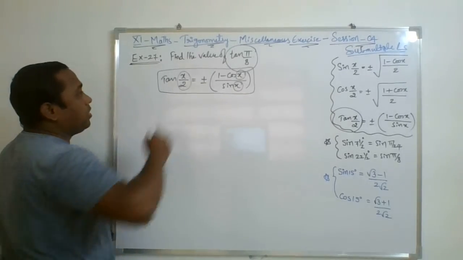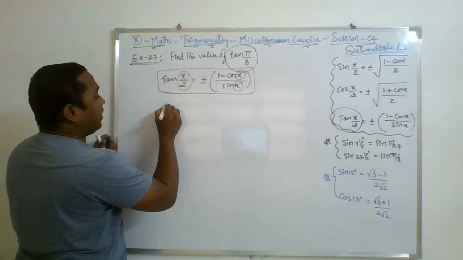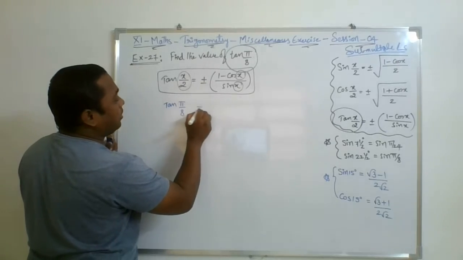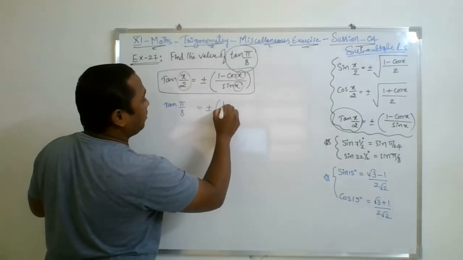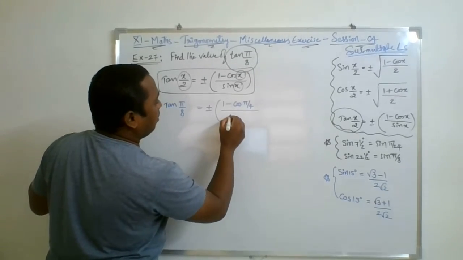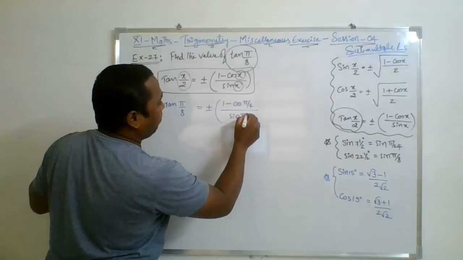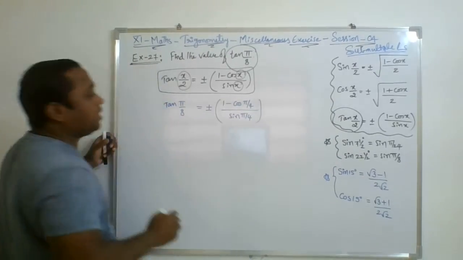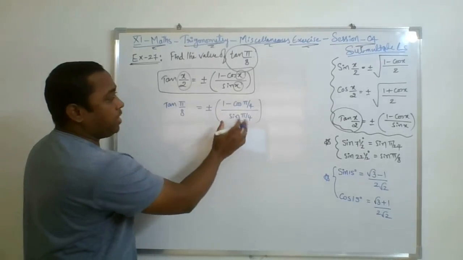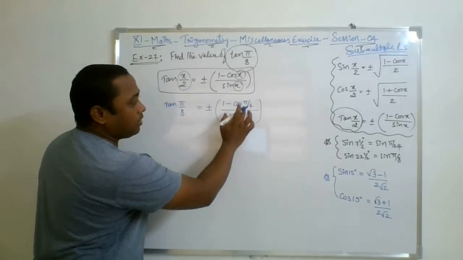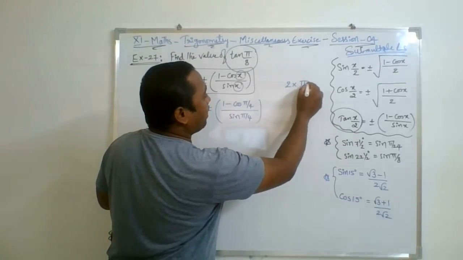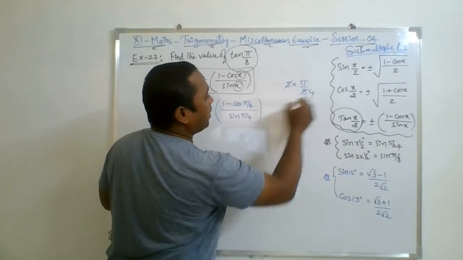Hence, using that, I can say tan of pi by 8 is plus minus (1 minus cos pi by 4) upon sin pi by 4. Whatever angle you write on the right side is double of the angle on the left, that is 2 into pi by 8, which is pi by 4.